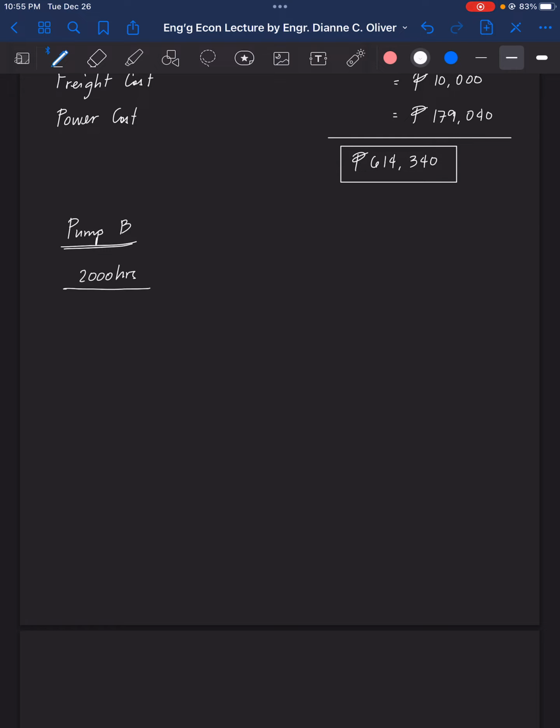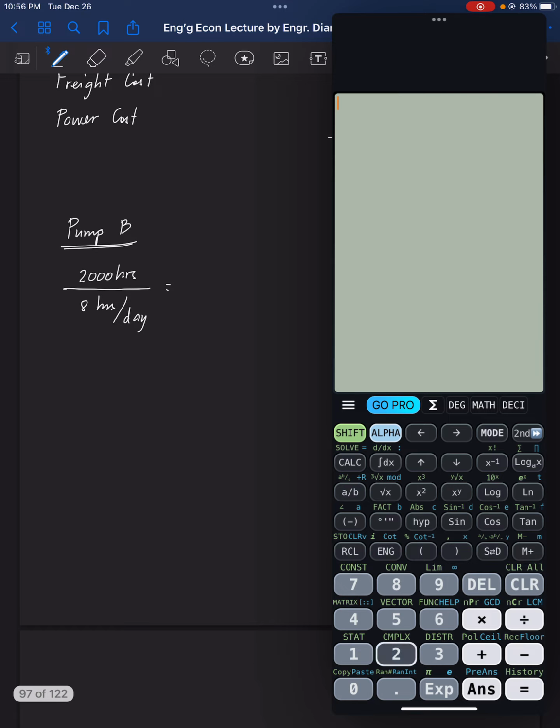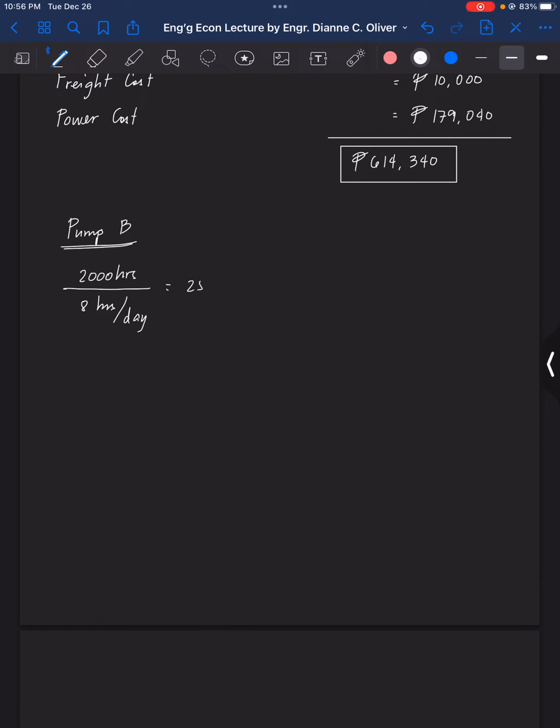So 2,000 hours divided by 8 hours per day. So that is 250 days.